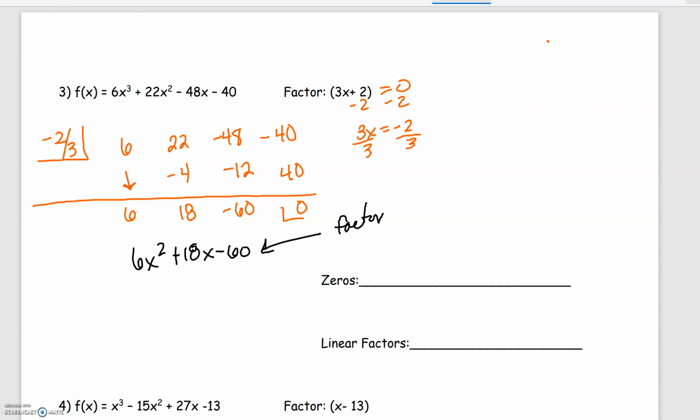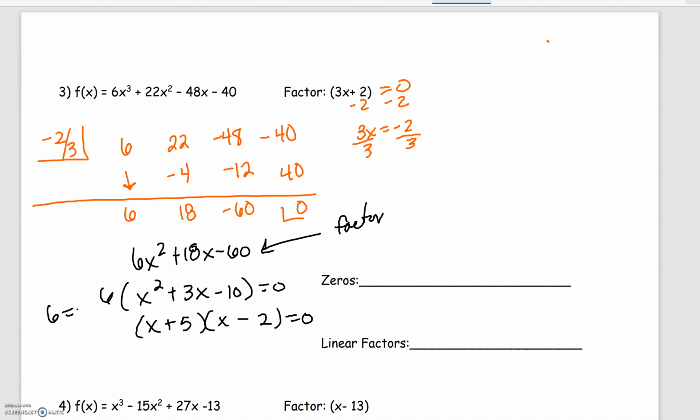And so I'm going to divide out a 6 because it has a GCF of 6. And now I'm going to go ahead and factor. Factors of 10 that add to get 3 are going to be 5 and 2, with the 5 being positive and the 2 being negative because it's a positive 3. And then again, the 6 equaling 0 isn't going to get me anything, but x plus 5 and x minus 2 equaling 0 will.